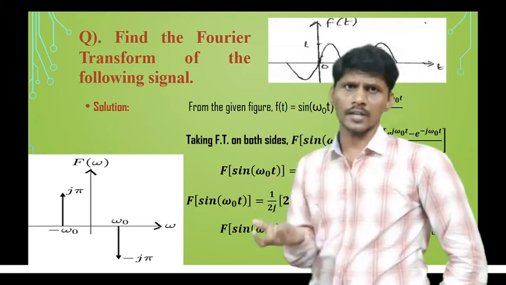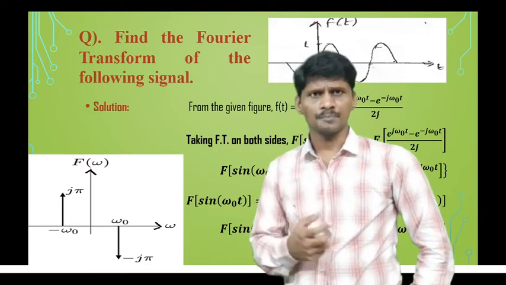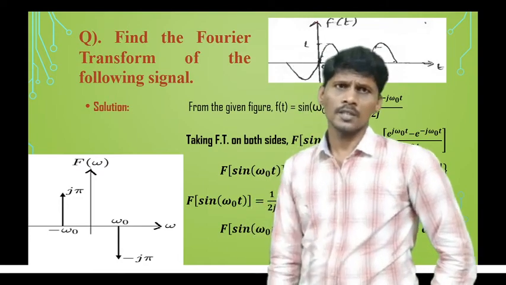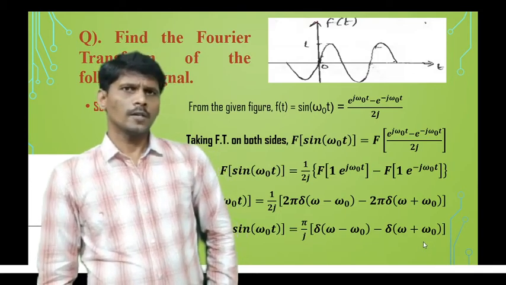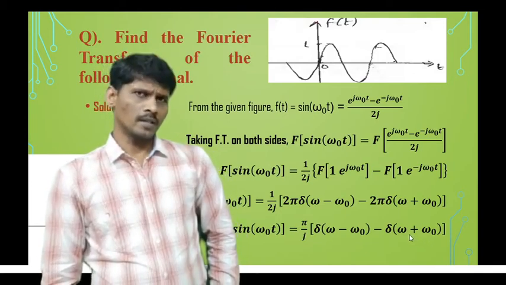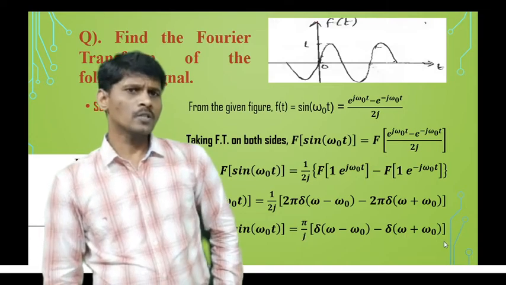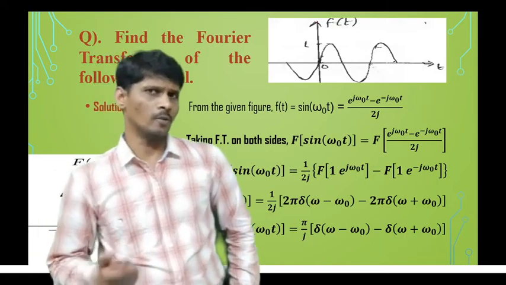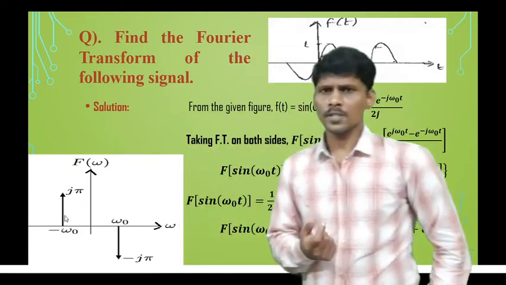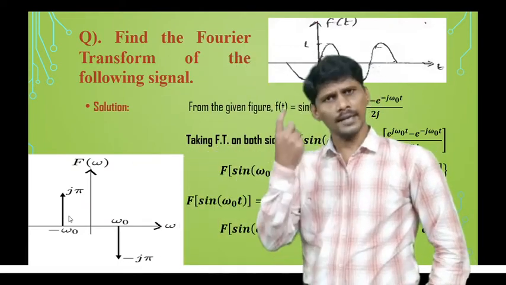So both are correct. And the second term, the impulse function exists at omega equal to minus omega naught. At omega equal to minus omega naught, what is the magnitude? J into pi. That is a positive value, so the impulse function is represented by the upward direction.